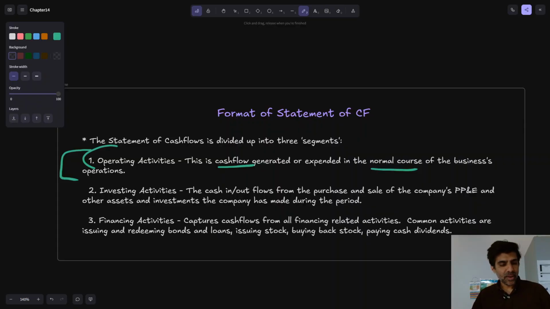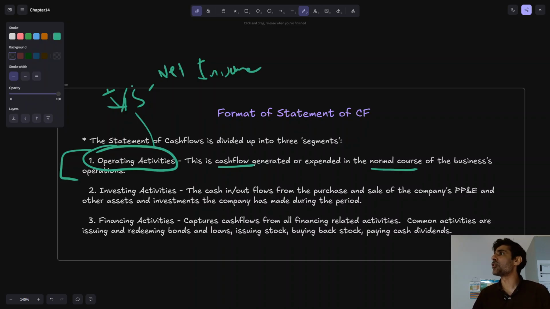So this one is tied to the income statement. If there's a large difference between the net income and the operating activity, the cash flow from operations, as we call it, that is like a yellow flag. You've got to start asking, why is that?